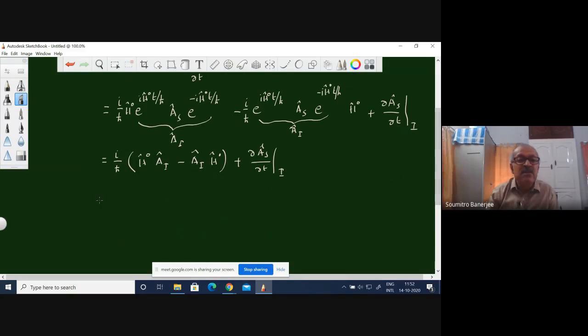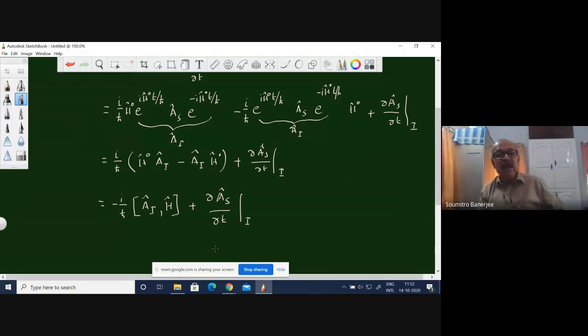Normally it is customary to write A_I first, so I'll put a minus sign here: minus i by h cross is the commutator of A_I and the Hamiltonian, plus, if there is any explicit dependence on time, that will remain. And if there is no explicit dependence on time, it's only this.